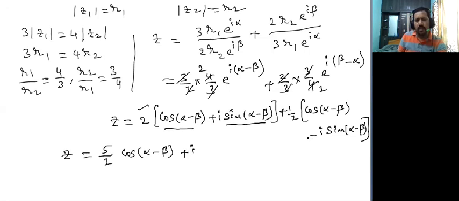So 2 minus 1 by 2, that is 3 by 2, 3 by 2 into sine of alpha minus beta. This value we get.